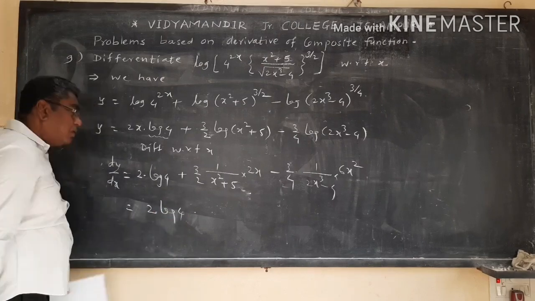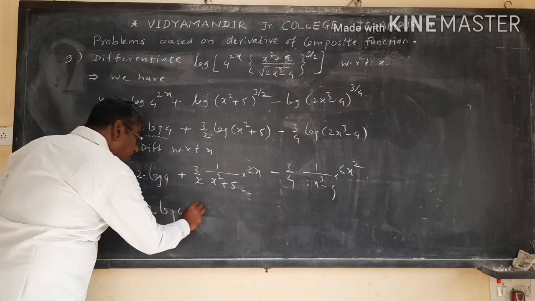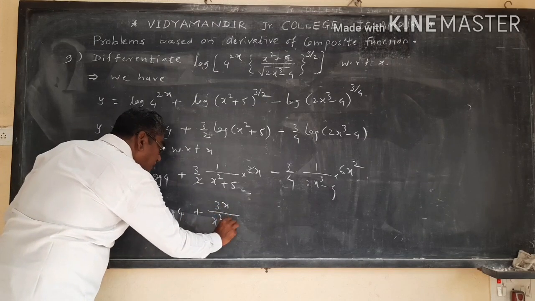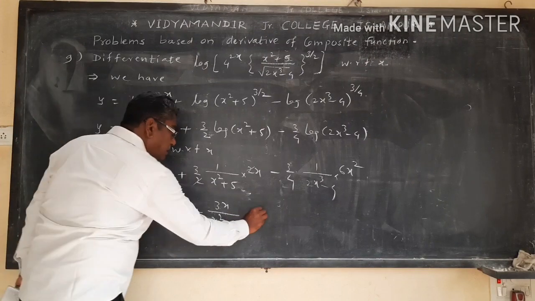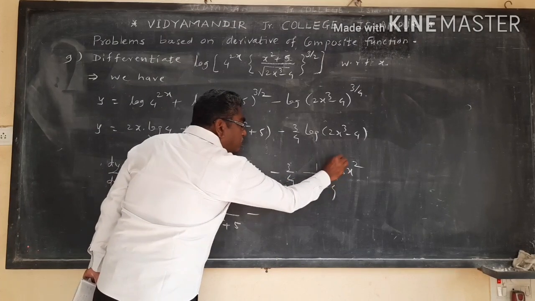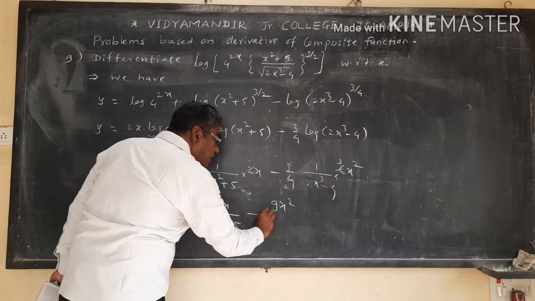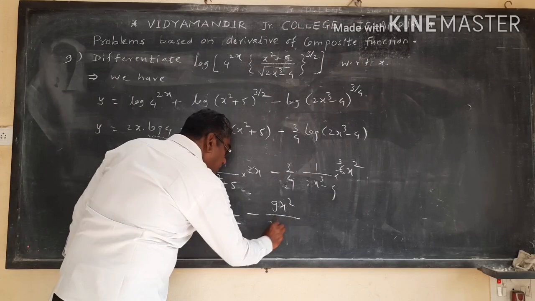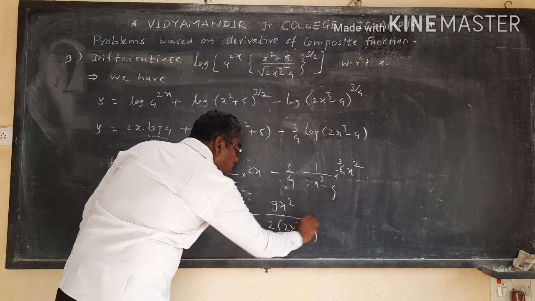2 log 4, here the 2 cancels, 3x upon x square plus 5, minus, the 2, 3 into 3, 9x square, upon 2 into 2x cube minus 4.